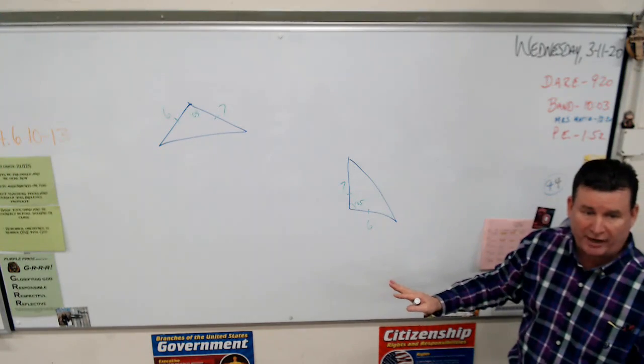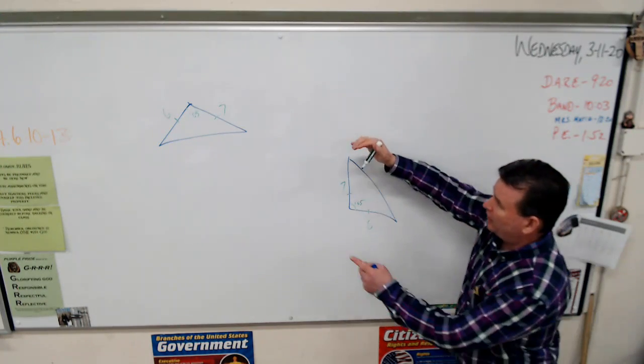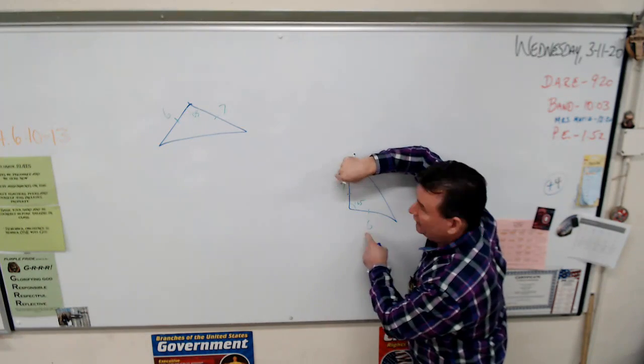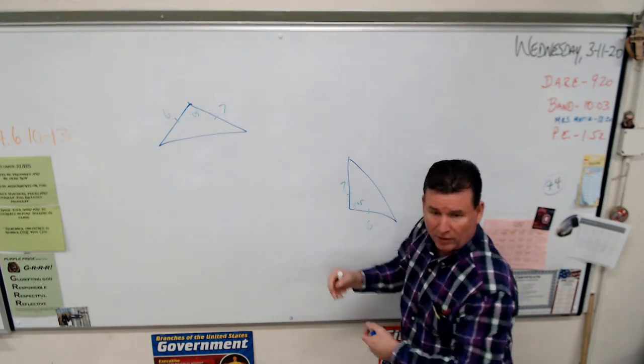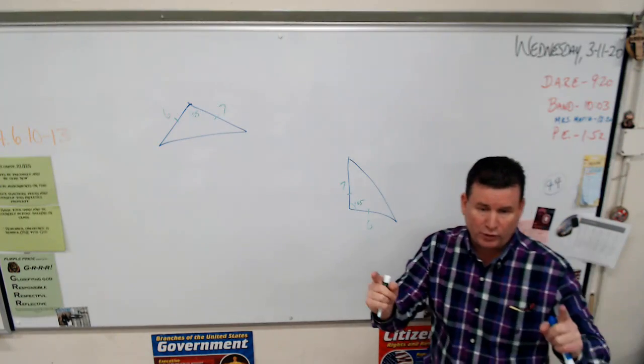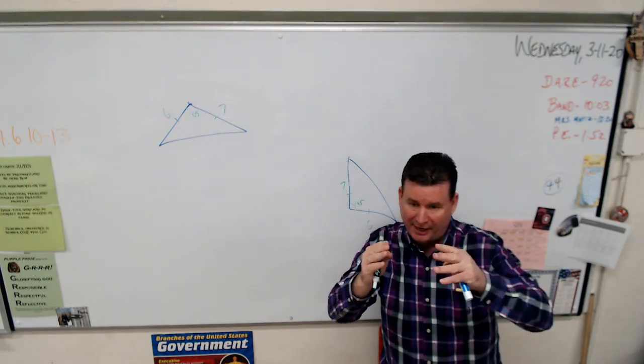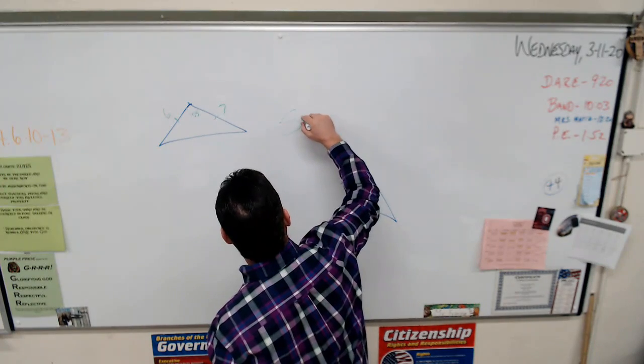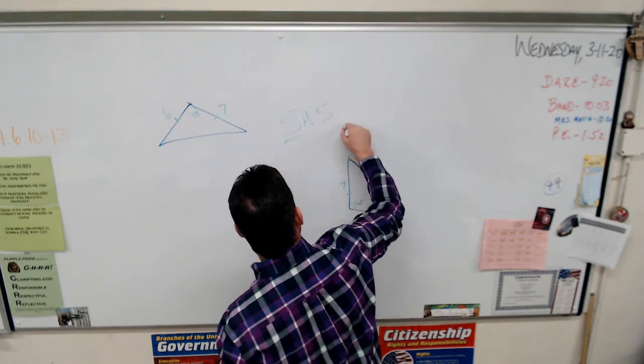They're the same exact triangle. Why? Because two corresponding sides are congruent, and the angle in between them are congruent. So if two corresponding sides are the same, and the angle in between them is the same, we would say this is proven by side, angle, side.